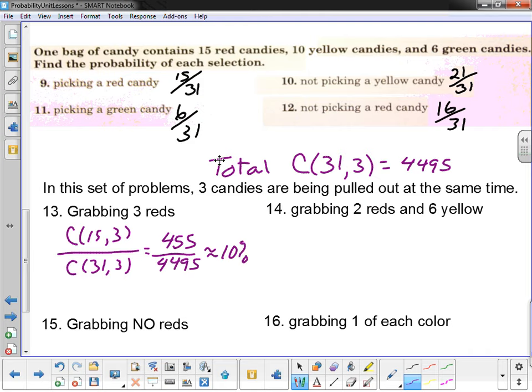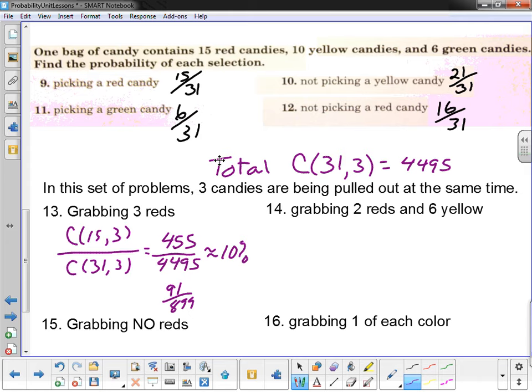We have about a 10% chance of getting 3 reds. Or if you want to reduce that down, 91 out of 899, it's around 10%.